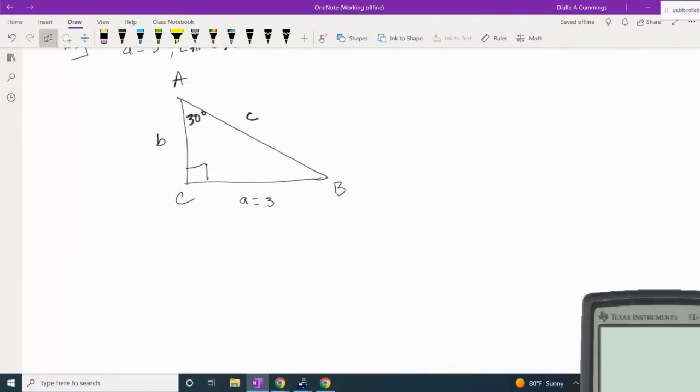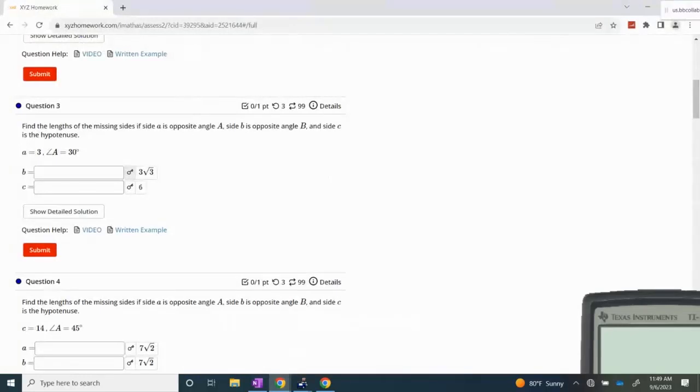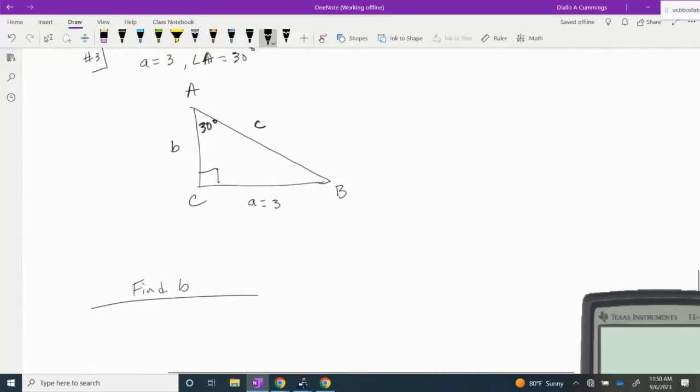And we're asked to find B and C. So let's find B. I can't actually find B by using the Pythagorean theorem because there are too many unknowns.